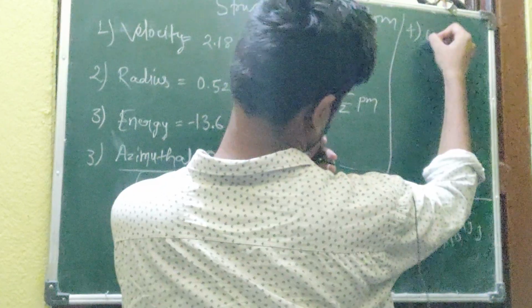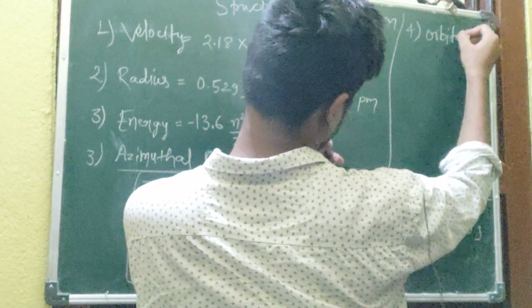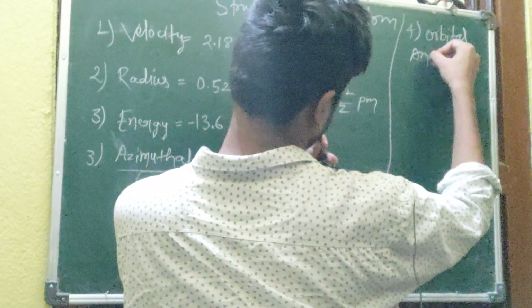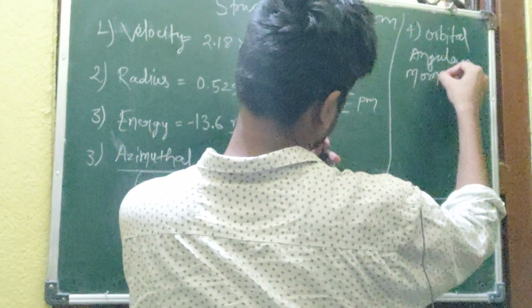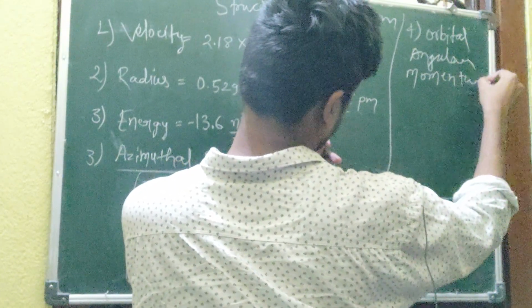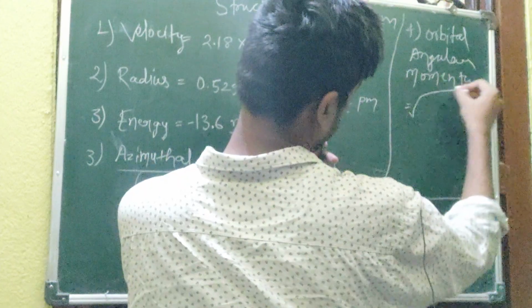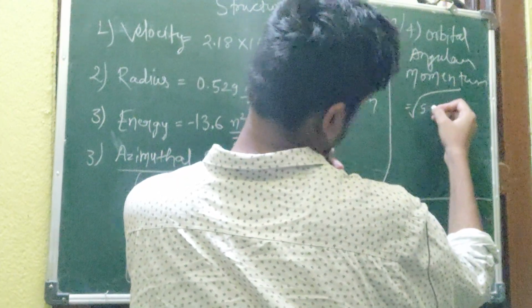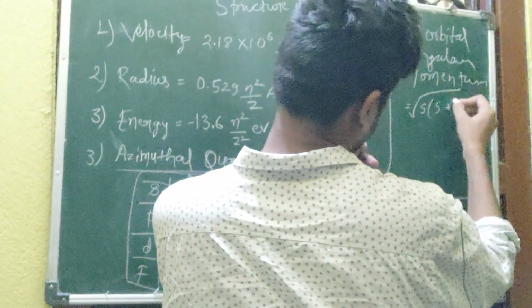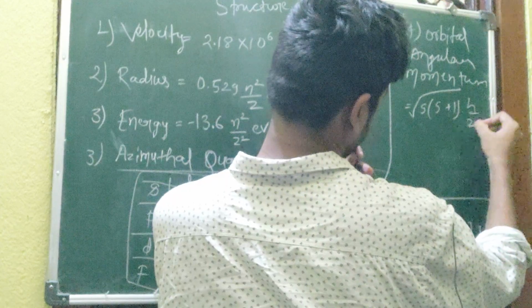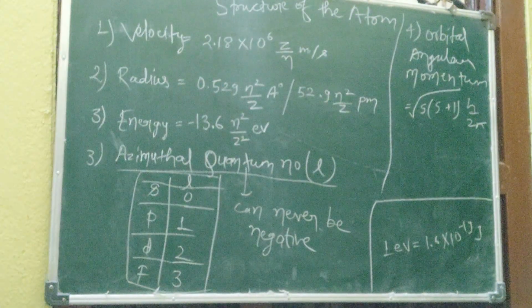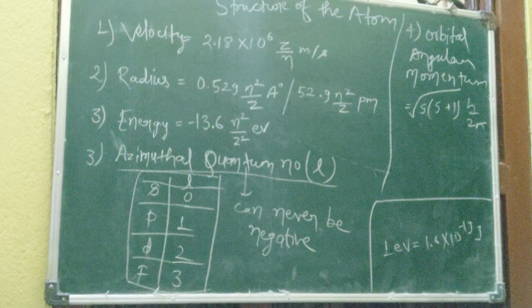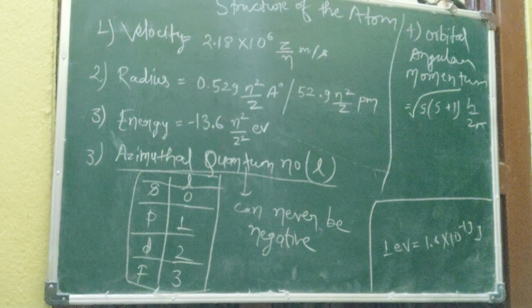Fourth one is orbital angular momentum. For orbital angular momentum, we write under root s(s plus 1) h upon 2 pi. Okay, and fifth one is magnetic quantum number.